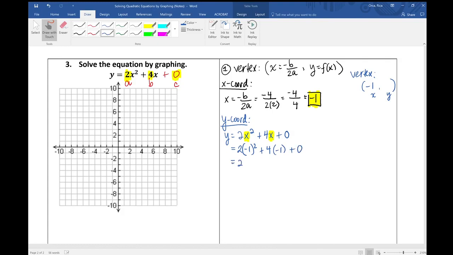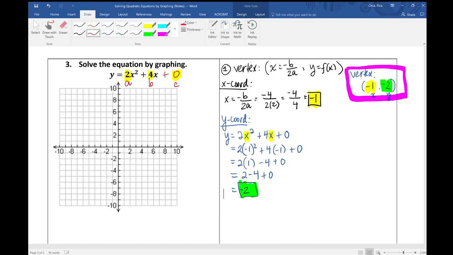Negative 1 squared is 1, and 4 times negative 1 is negative 4, plus 0. 2 times 1 is 2, minus 4 plus 0. So 2 minus 4 is negative 2, and negative 2 plus 0 is negative 2. The y-coordinate of our vertex is negative 2. So x is negative 1, and y is negative 2.